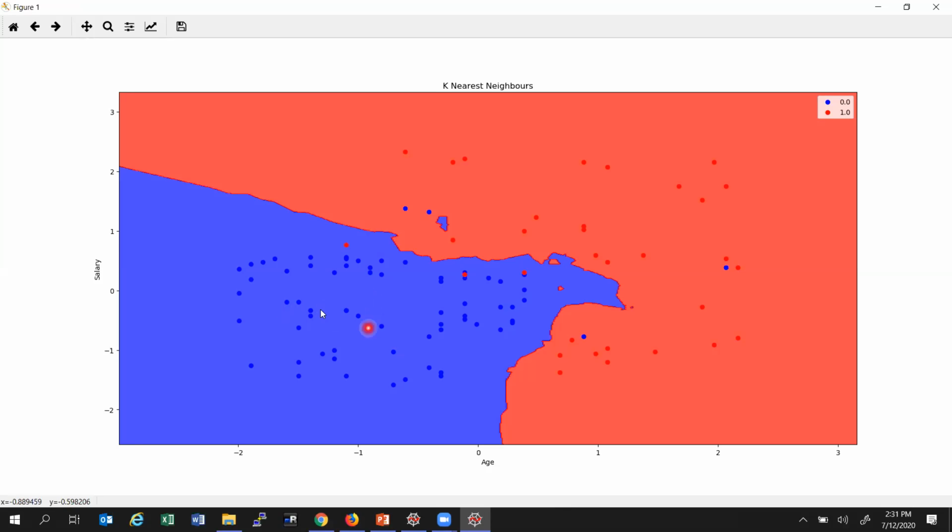So for the negative region, this reading is wrong. So is it false positive or false negative? False negative. Tell me why. Because the reason is he won't buy, but in reality he is going to buy.